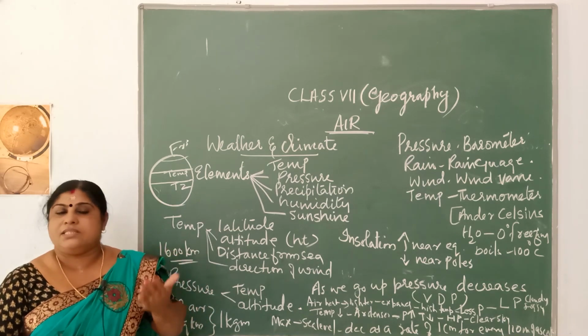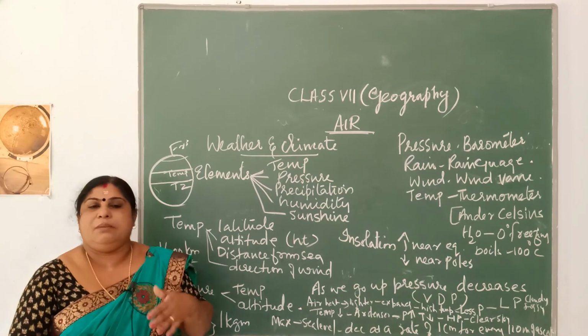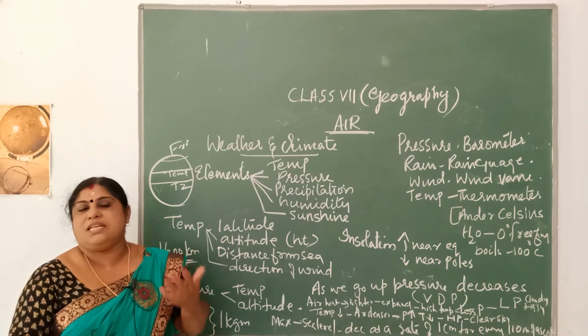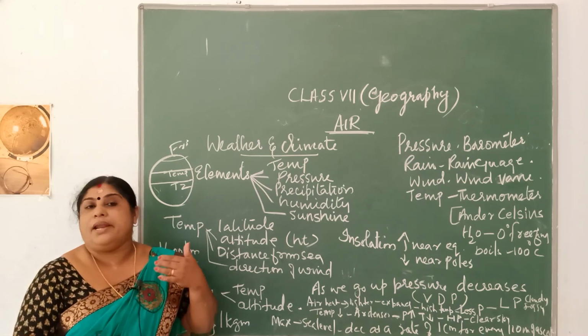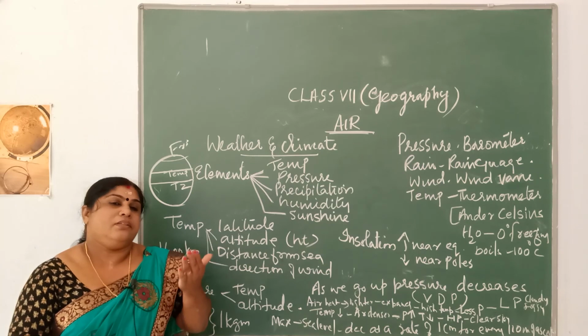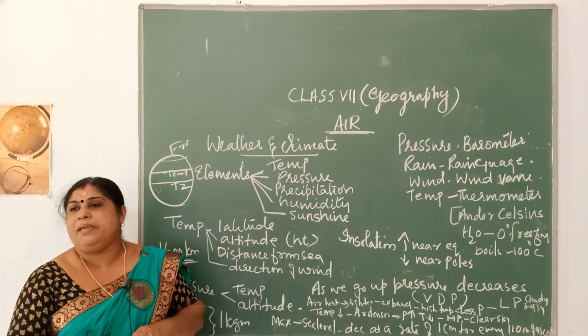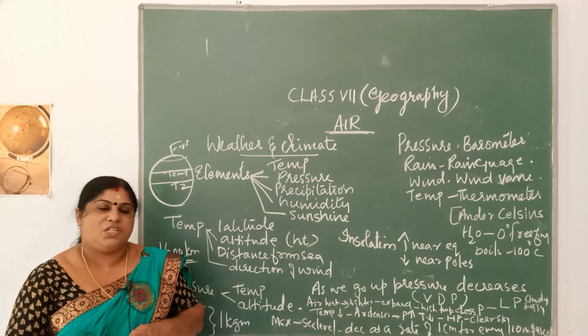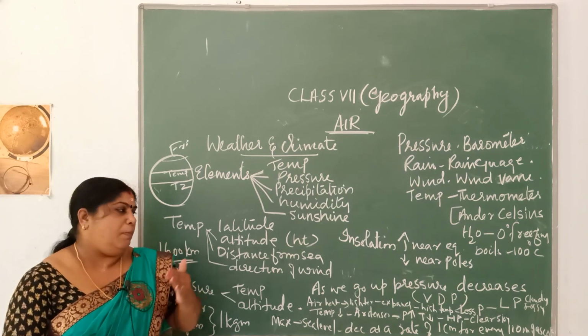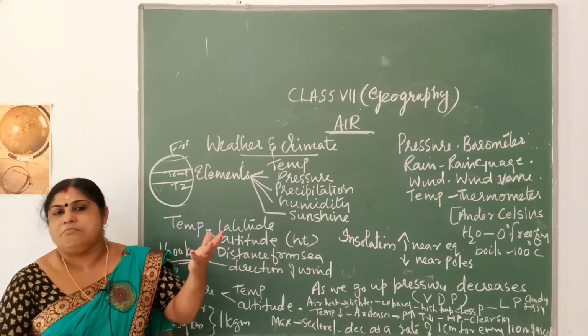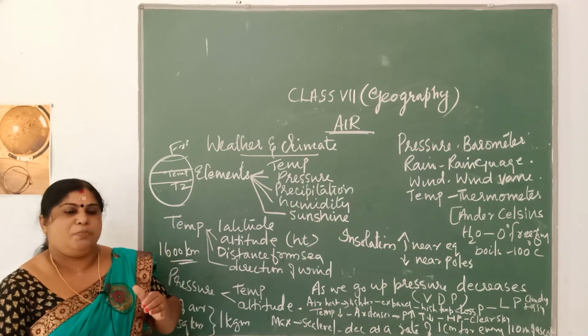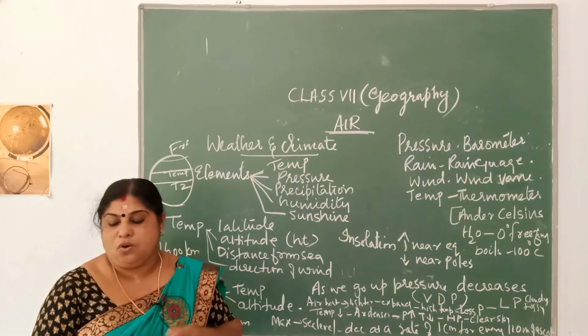So when air gets heated up, it becomes lighter, less dense, it begins to rise upwards, and thereby the pressure is decreased. So these areas will be experiencing low pressure, and these areas will be cloudy, foggy, misty, etc., which you can experience in an area of low pressure.